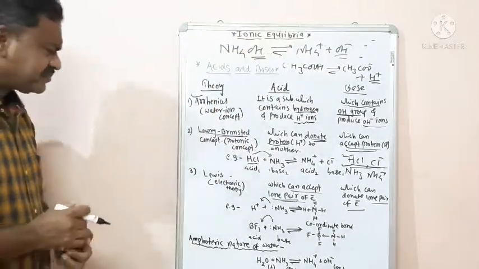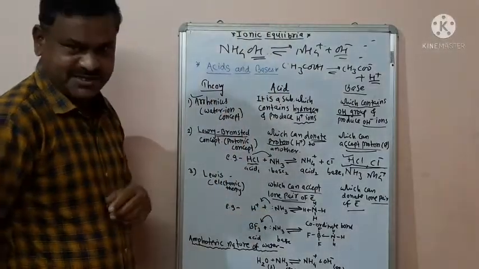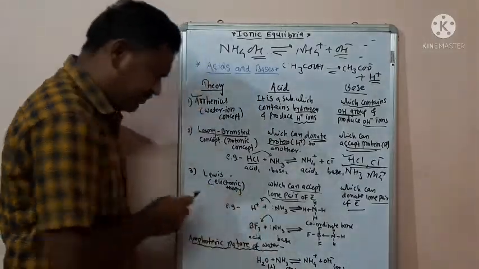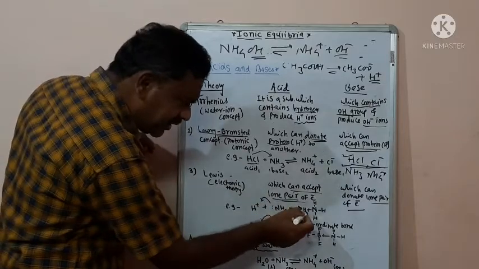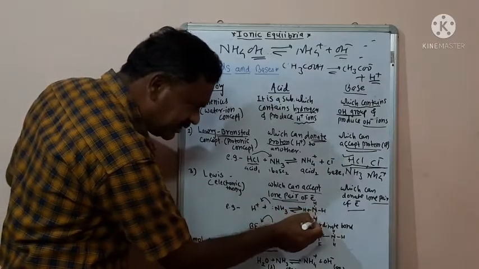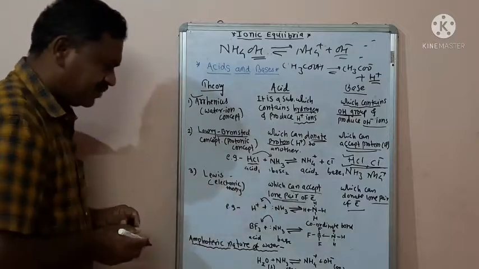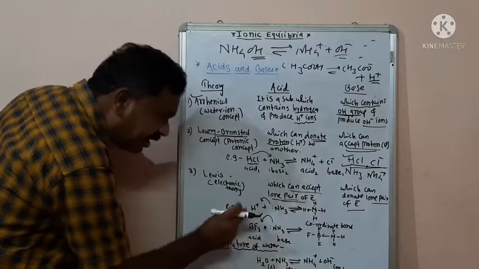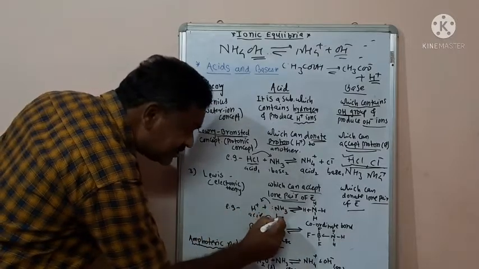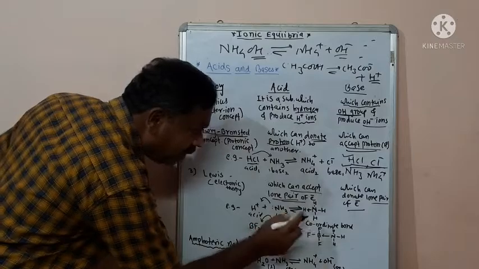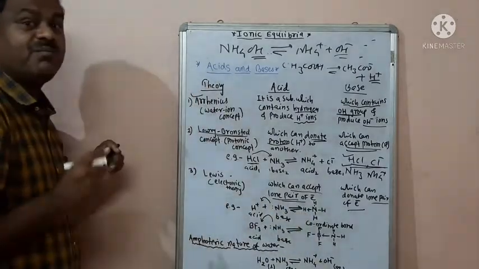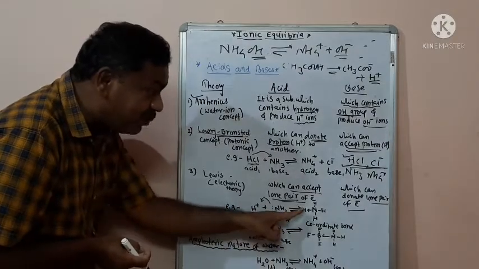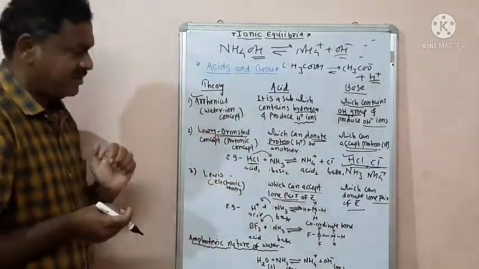Now, for example, here there are two reactions. The first reaction: H plus and ammonia give H, N, H, H, H. Here the hydrogen ion is the acid, which combines with the base, ammonia, to form a coordinate bond.